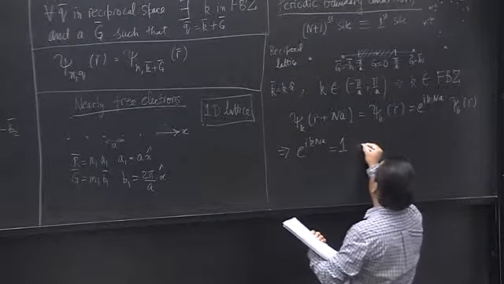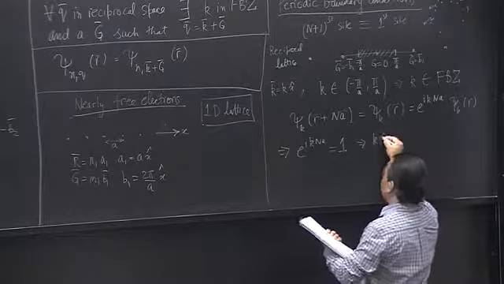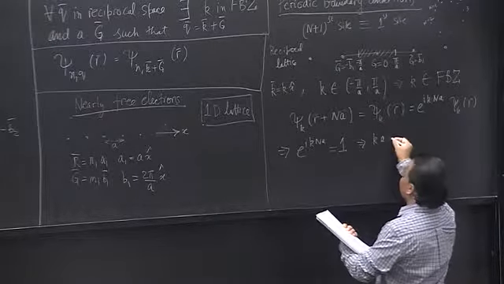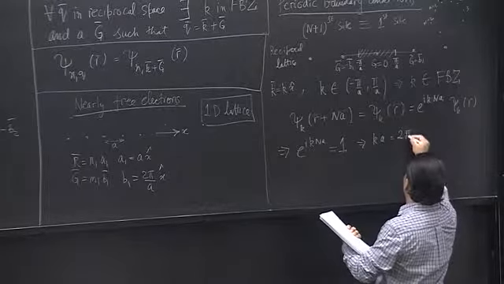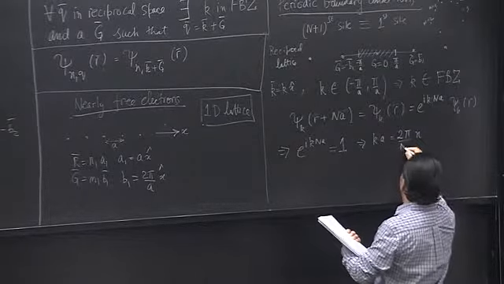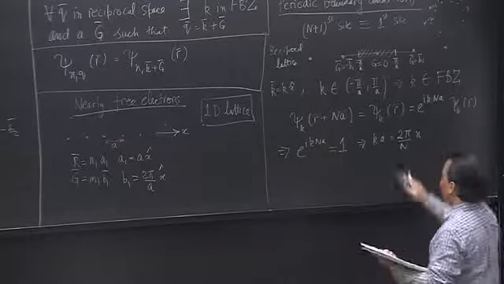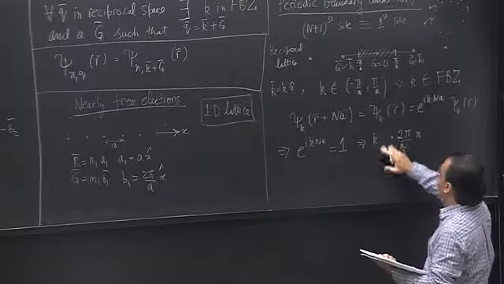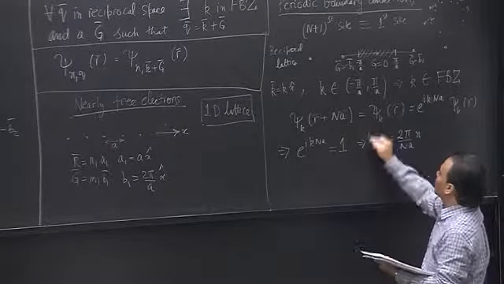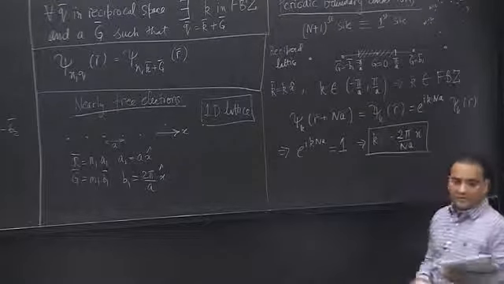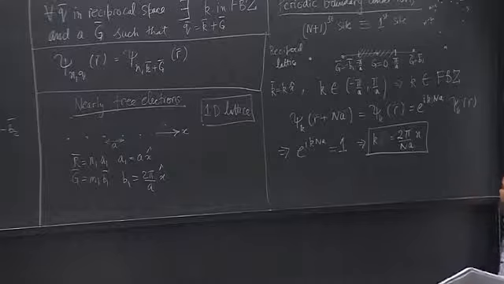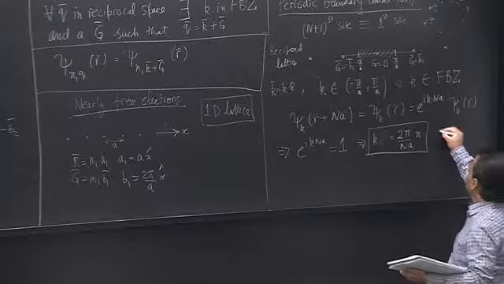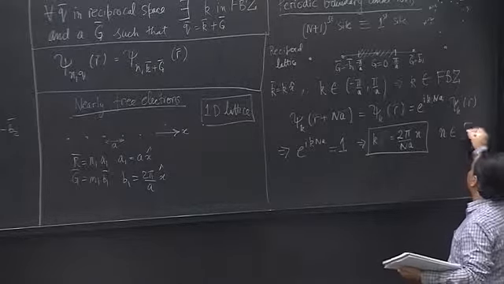That means k N A must be 2 pi n, so k must be 2 pi n over N A, where the small n is some integer.